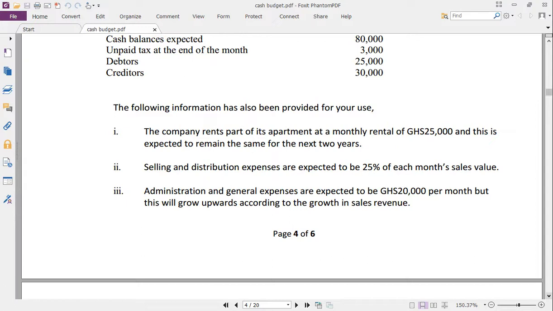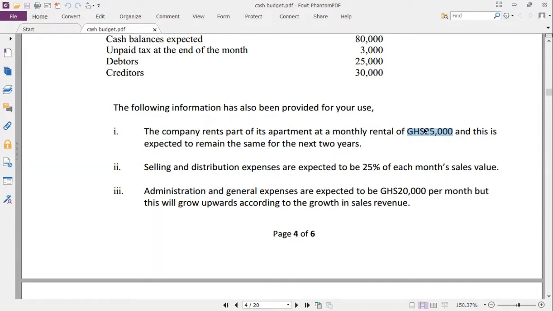So how do you treat this figure? The 25,000 will be part of other income. Then you add it to your receipts. So we are done. Now let's go to note 2.